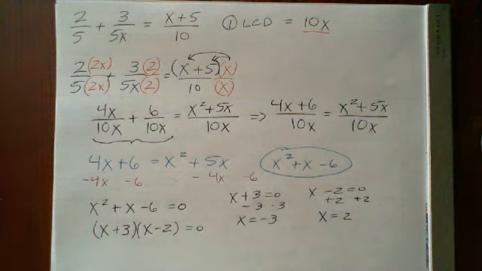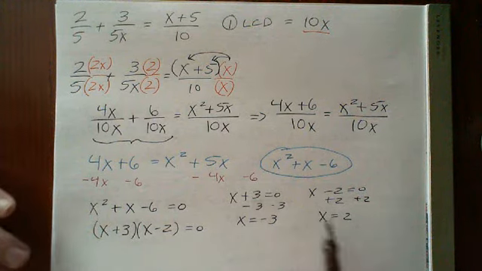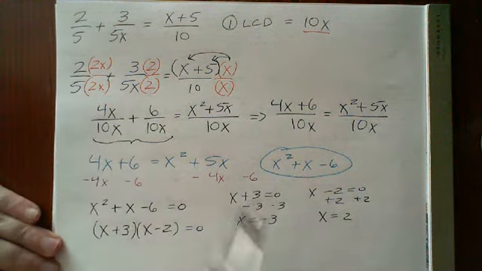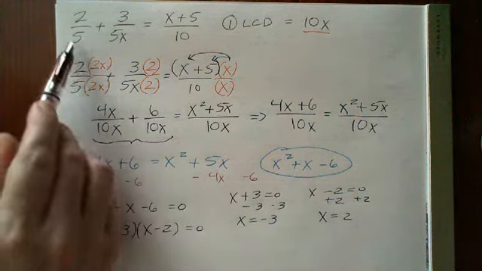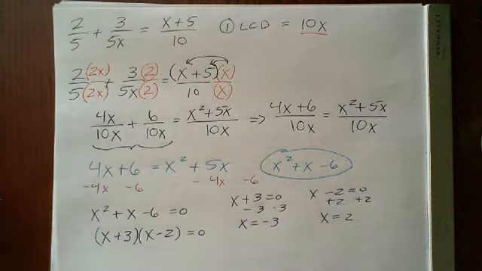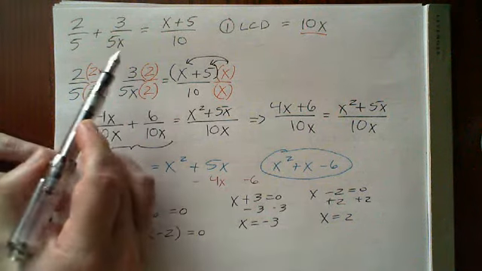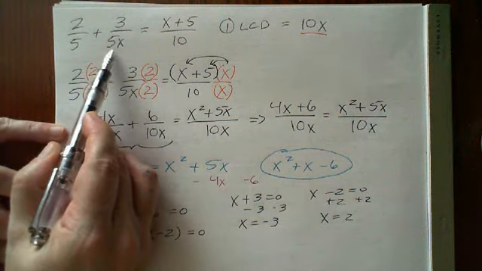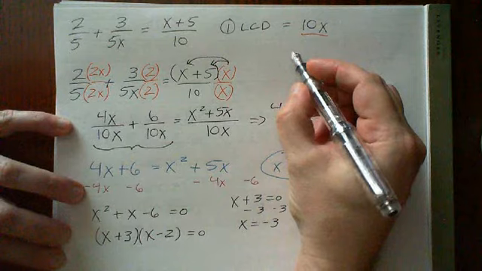Now, you can think of checking your answer. Just plug these values in to make sure that it works. It's important that we consider the restrictions here. There is a restricted value for x. X cannot be equal to 0. You'll notice my denominator here, 5x.